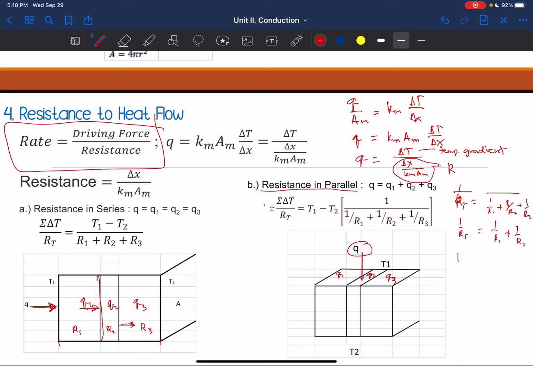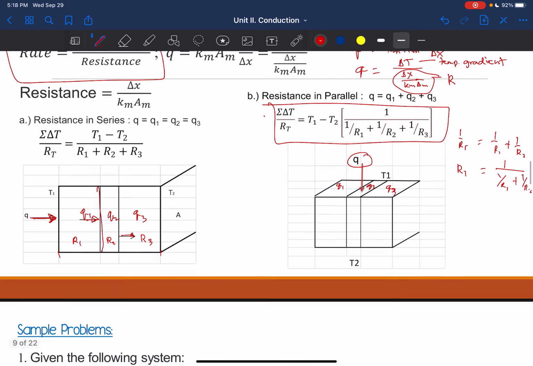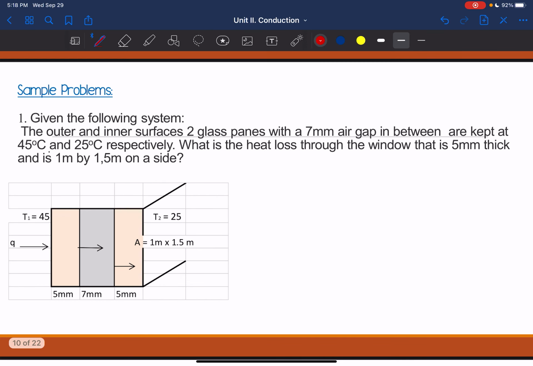That's why if I have RT, that's 1 over R1 plus 1 over R2. Okay? So that's why you would have this equation here. So we move on to a simple problem.